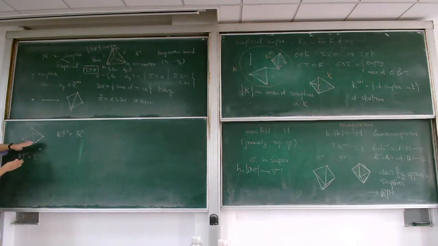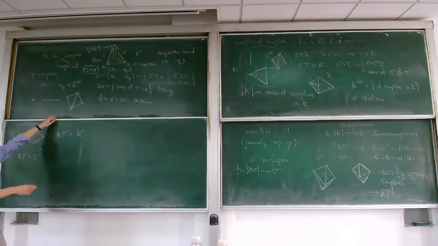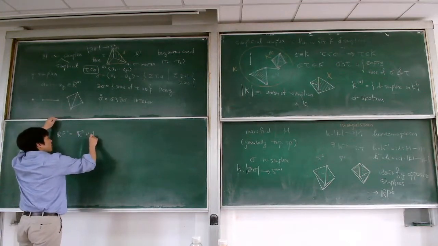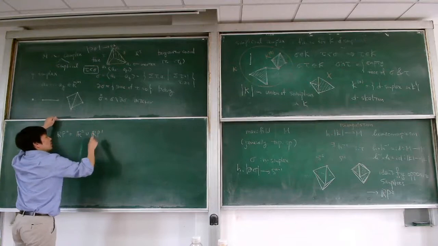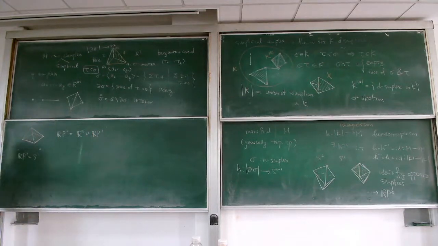If you get rid of these yellow edges, it's topologically the same as R2, just an open disk. If you look at the northern hemisphere, therefore this is RP1. Roughly speaking, it sits on the R2 plane, and at infinity, RP1 is living.